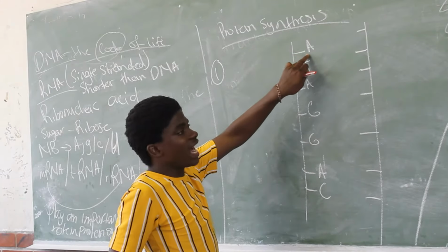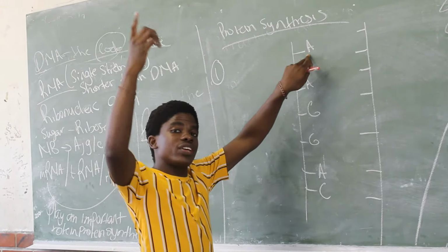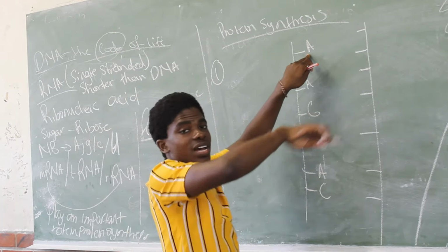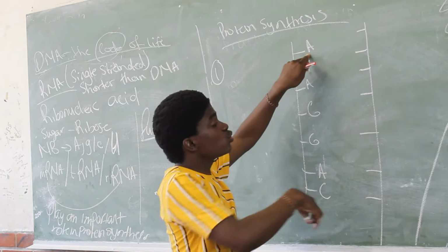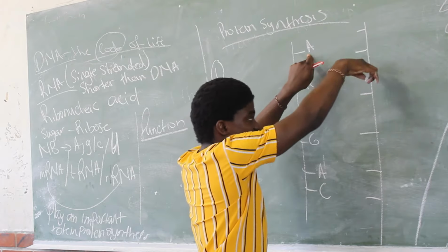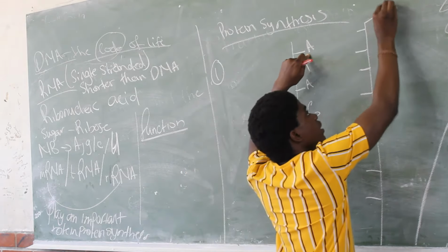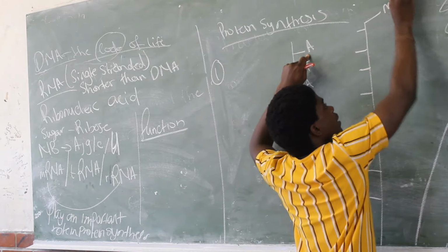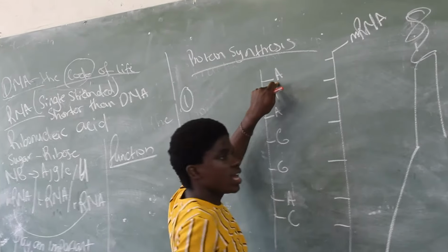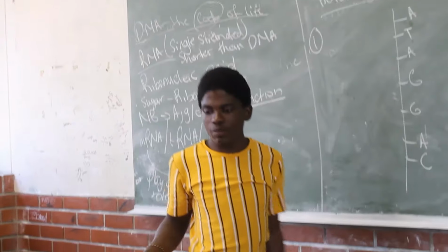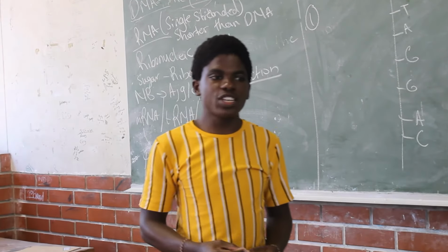We all know that adenine, in DNA, pairs with thymine. But since we are making an RNA strand, this is the messenger RNA. When we are talking about messenger, like Messenger on your phone, what does it do?